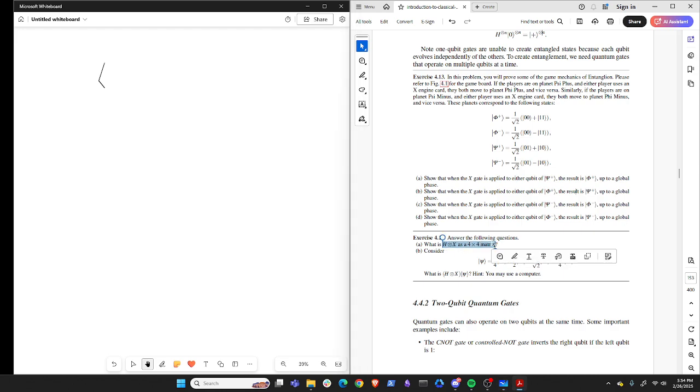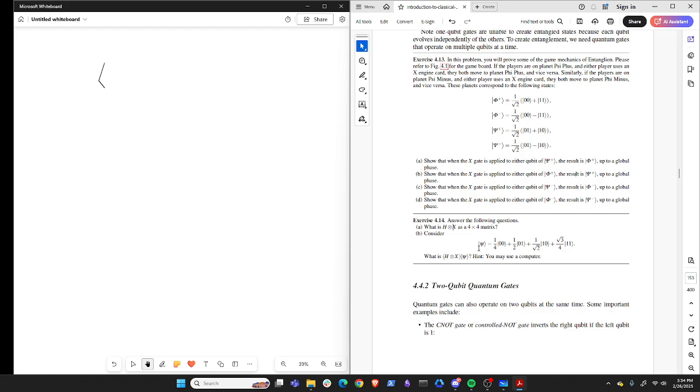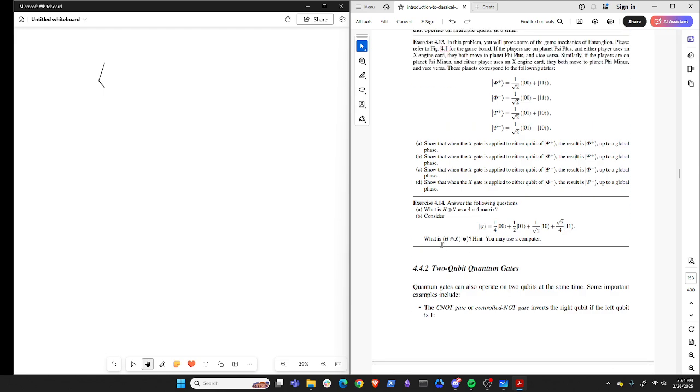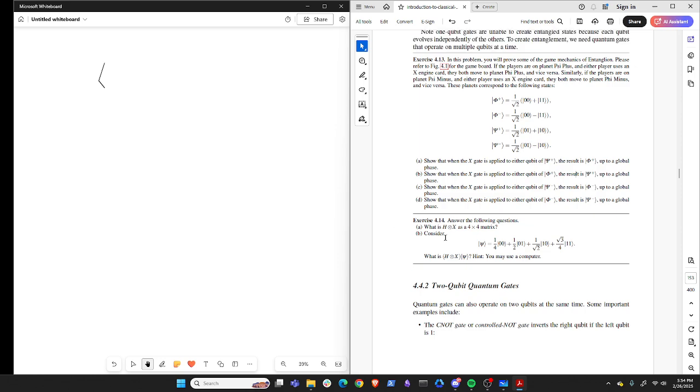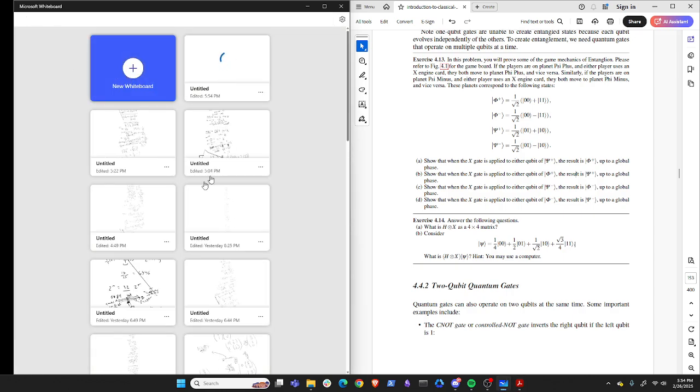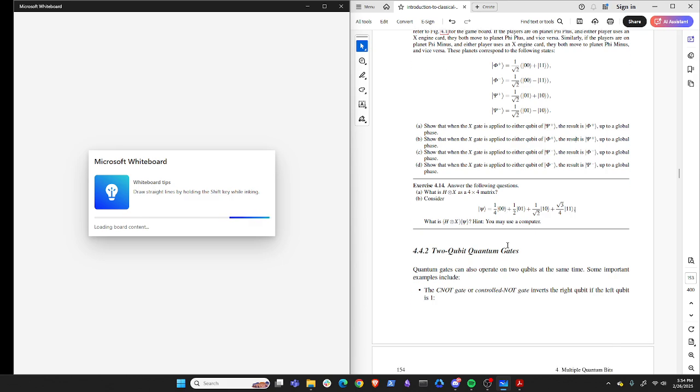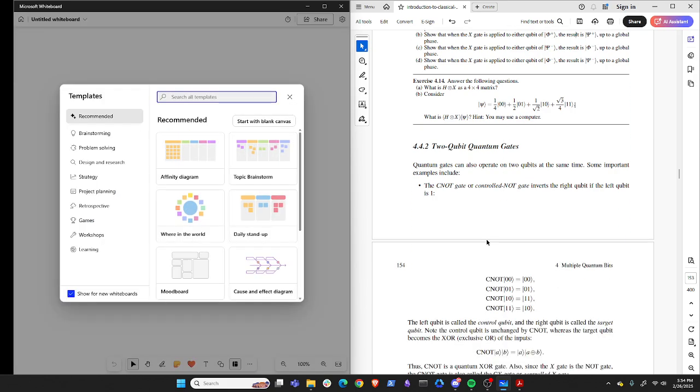We already worked through 4.14 basically, because we already looked at H tensor product X as a 4x4 matrix earlier, and I'd like to move on, if everyone's okay, into 2-qubit quantum gates. Or do you want to see another example like with B here? All right, perfect. I'll move on into 2-qubit quantum gates.